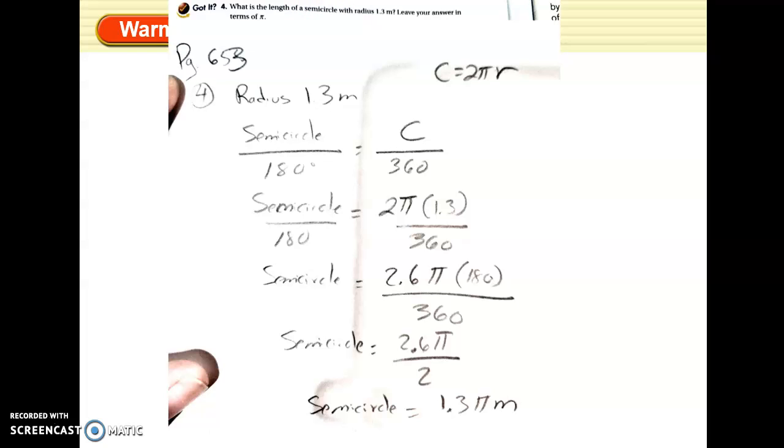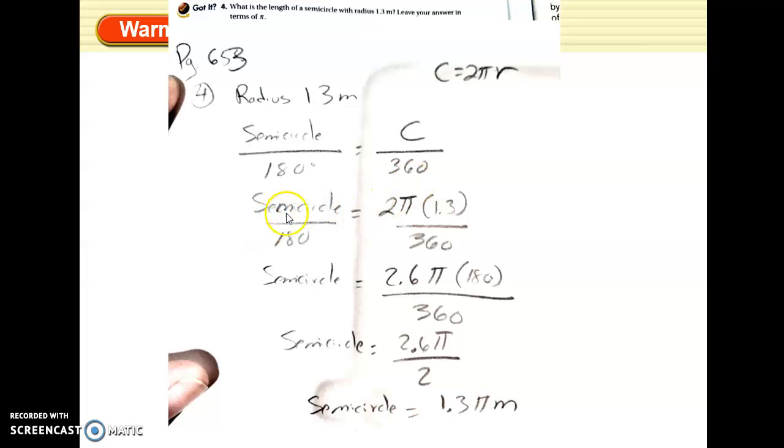In other words, if you get the circumference, you divide it by 2, you will get the answer because it's the semicircle. But I will use this to explain the proportion or the formula as you prefer. The radius is 1.3. Here we have the formula of the circumference. Now, the semicircle is equivalent to 180 degrees, and the circumference is 360 degrees.